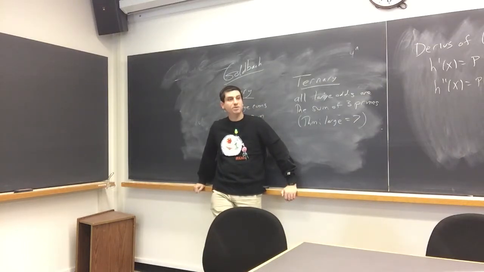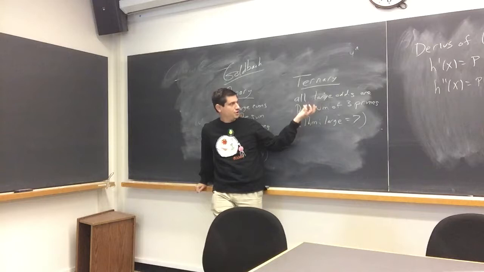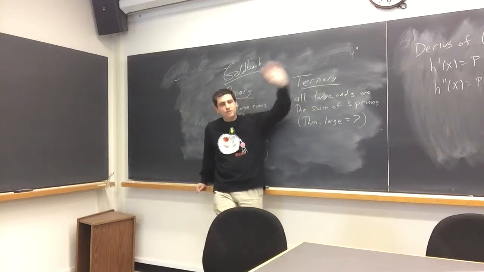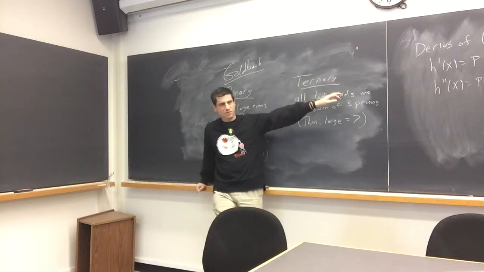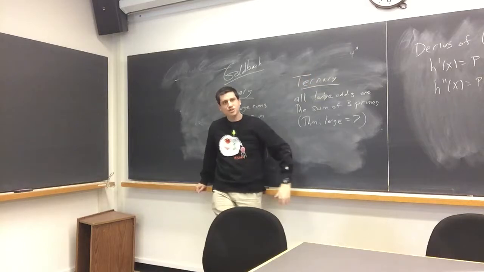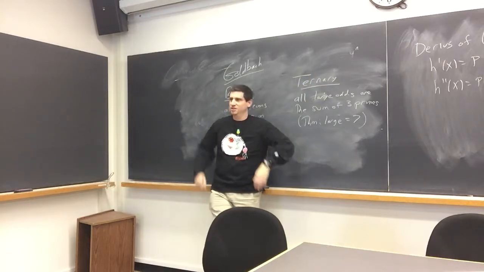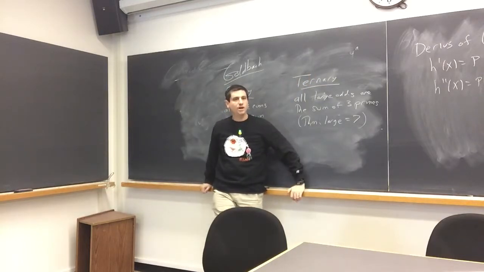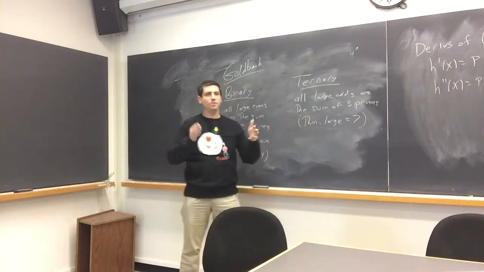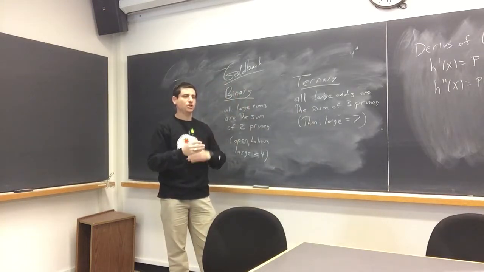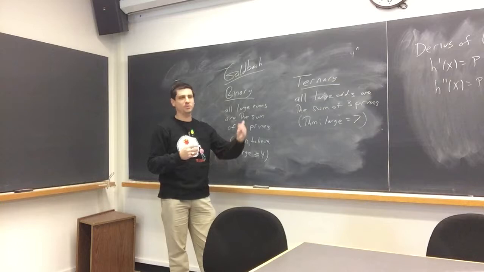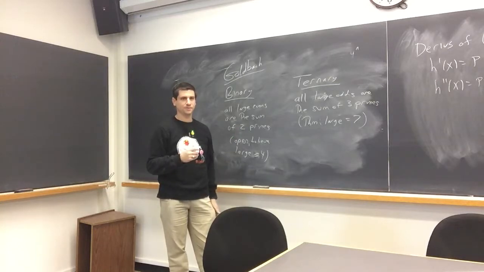You can't write 1. But 7 you can write as the sum of 3 primes. So from 7 onward, we now know it's true. The initial proofs show that all sufficiently large odd numbers are the sum of 3 primes. And then, unfortunately, the sufficiently large was like 10 to the really large number, way out of reach. And finally, we were able to winnow it down low enough so that the computers could just check by brute force up to a certain height.